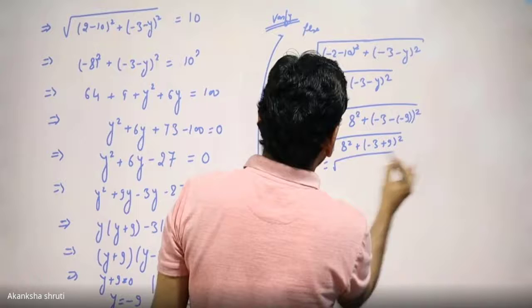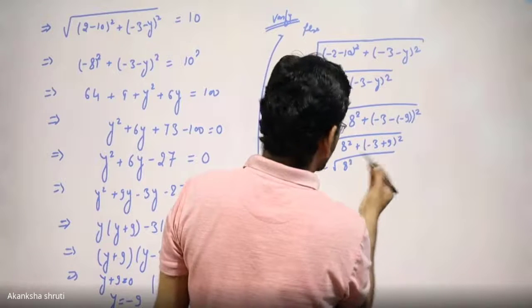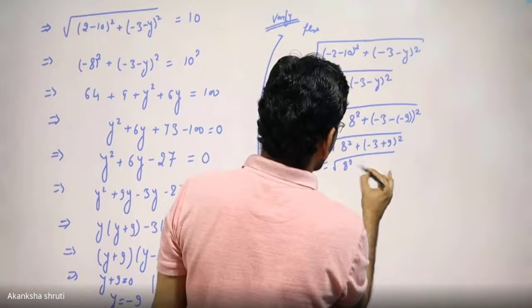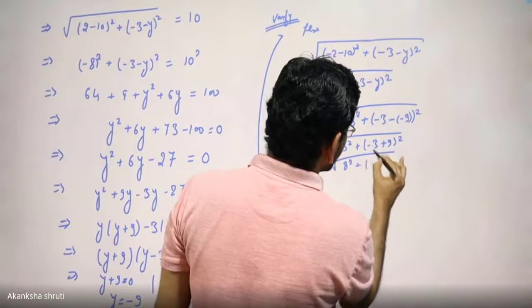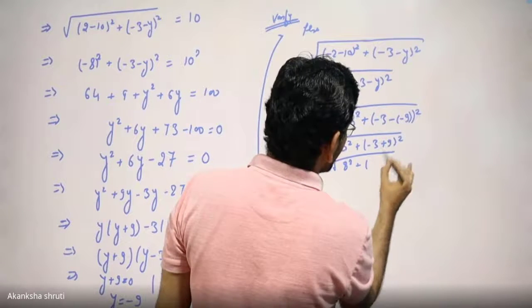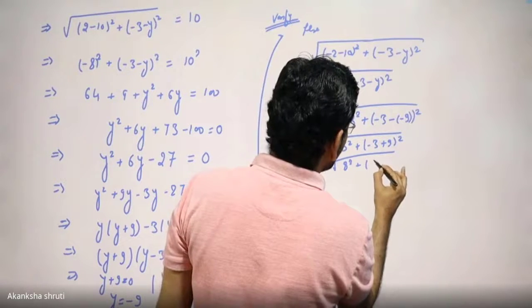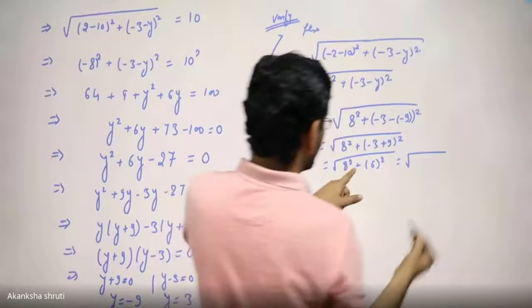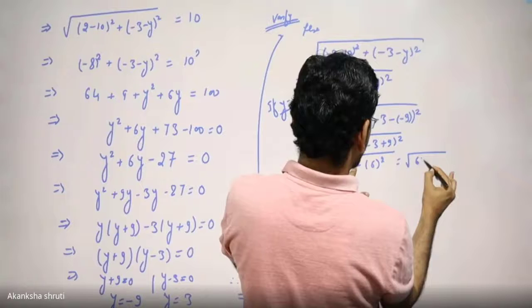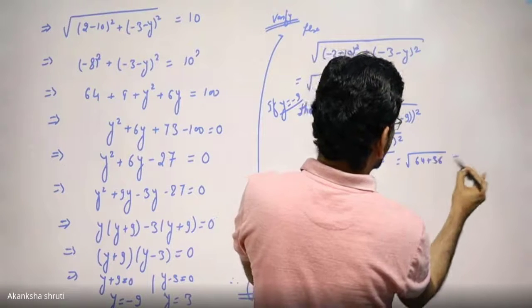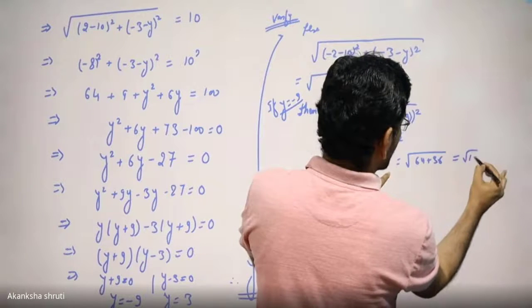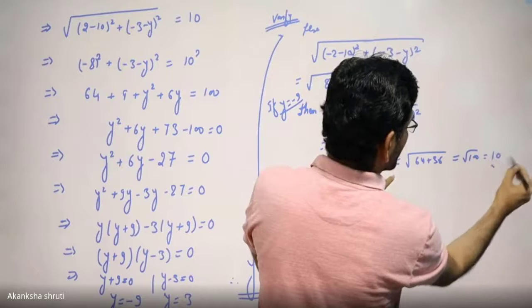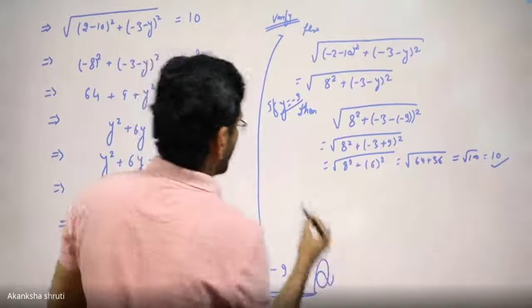It becomes 8 square or 64, plus this is now minus 3 plus 9, which is plus 6 square. We may simplify it. Students, 64 plus 36, you are getting under root 100, it is 10. Okay, so it is satisfying.